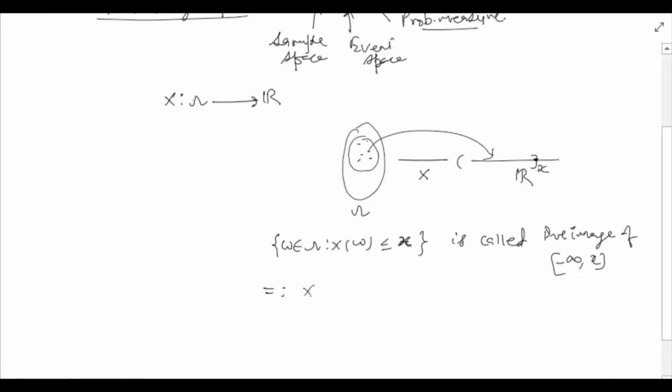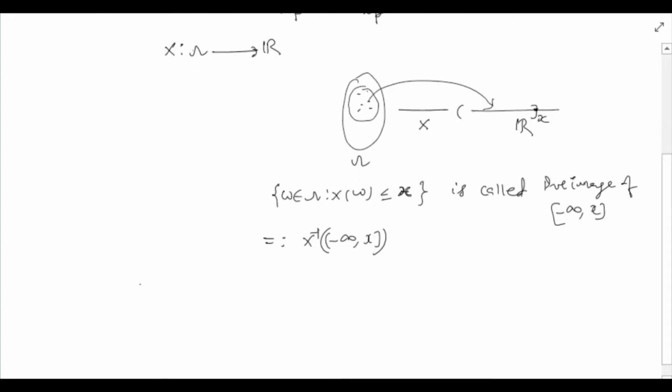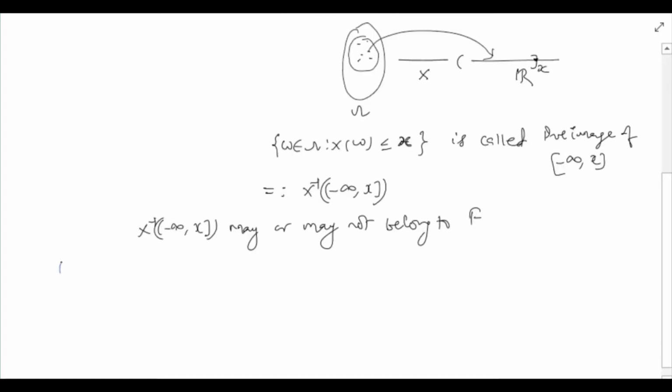It is denoted by X inverse of minus infinity to x. Now this pre-image may or may not be an element of F, that is the event space. X inverse of minus infinity to x may or may not belong to F. Let us understand it with an example.